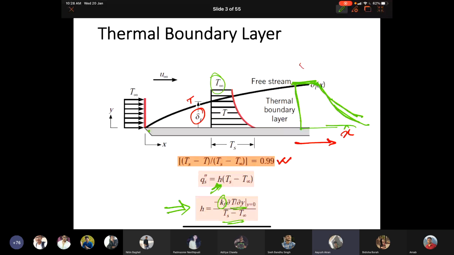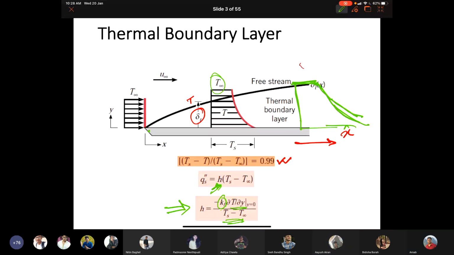So the point is that in this expression, you have Kf, which is the fluid property, the conductivity of the fluid. This is the temperature difference between the surface and the free stream. These two are constant, independent of x. But the thickness of the thermal boundary layer increases with increasing x.